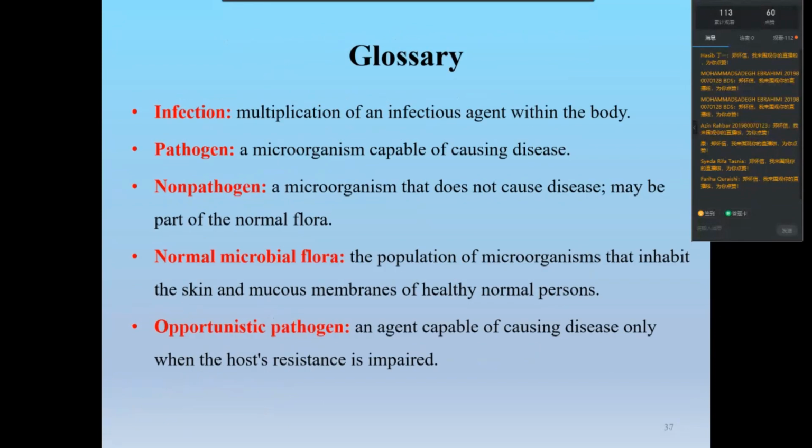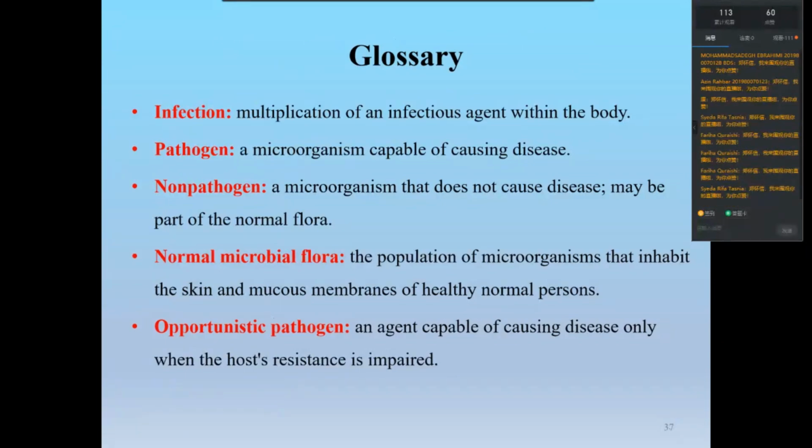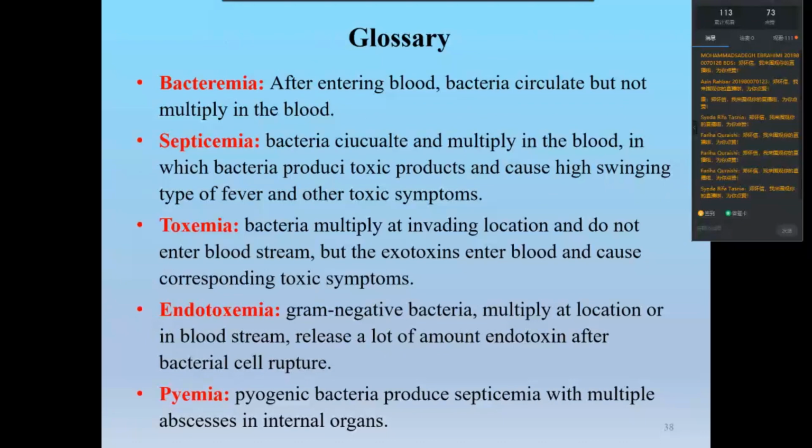Okay, so generally we have covered a major point in this long topic, the bacterial infection and immunity. We actually talk about these glossaries or these terms during our lecture, like infection, pathogen, non-pathogen, normal flora, opportunistic pathogen, and also bacteremia, septicemia.